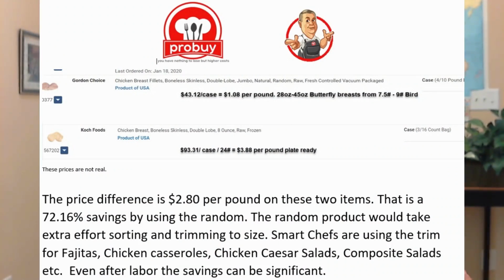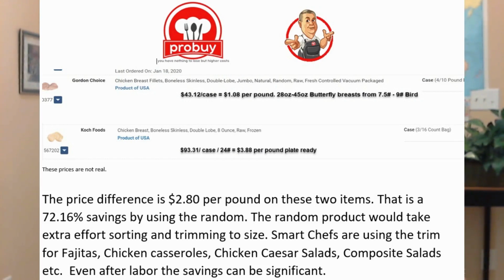I took the real prices and amended them with some kind of formula, so please don't take these prices. What I'm going for is to show the price of a random product versus the price of a sized product. The comparisons are actual and real, but the actual product prices I started with are not.